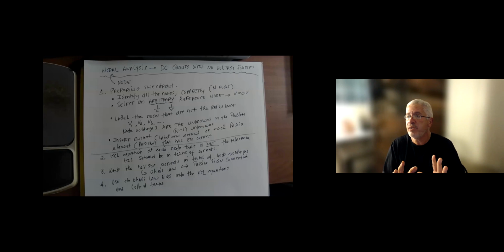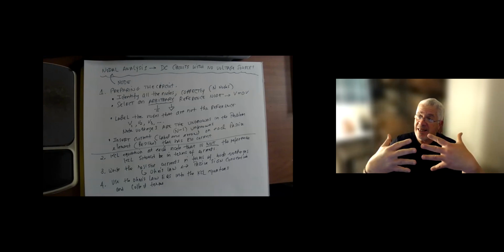We're going to execute this to the letter. I'm going to identify the nodes, select the reference node, label the other nodes, and then insert current, which means label an arrow on every resistor. And when I do that, keep in mind that the direction of my current is totally arbitrary.